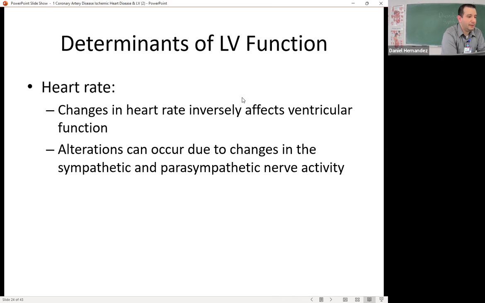That's how heart rate inversely affects ventricular function. Alterations in heart rate could be due to changes in sympathetic and parasympathetic nerve activity.